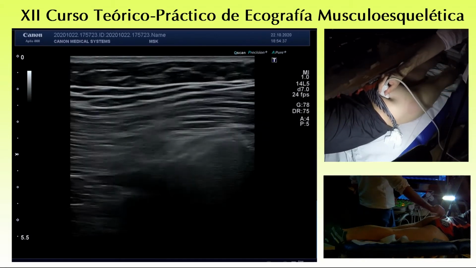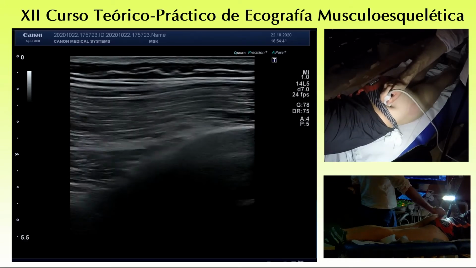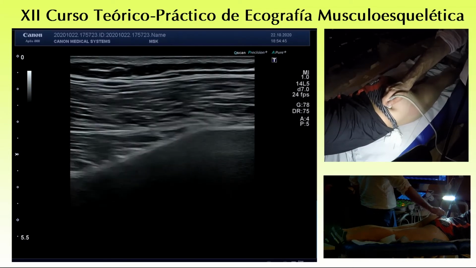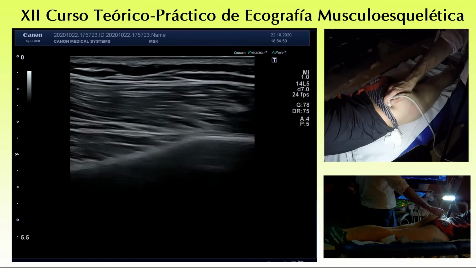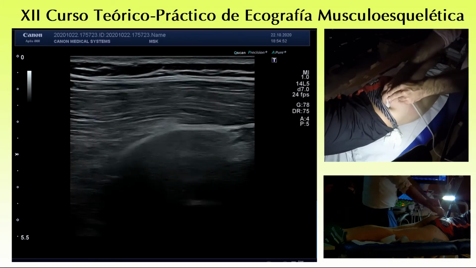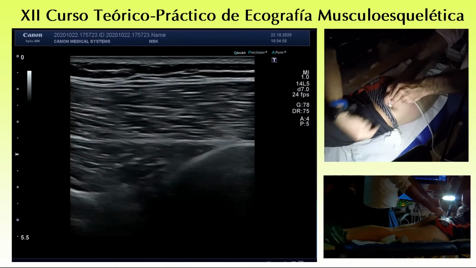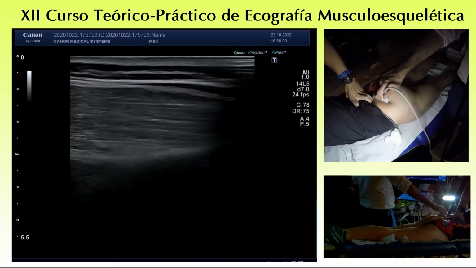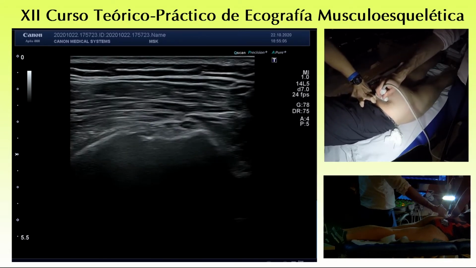One effective technique to me to recognize the piriformis and the other structures, as we seen before, that we can do with the linear probe, not only with the convex probe, is to go very up in the super internal part, just up to see the sacroiliac joint at this level.